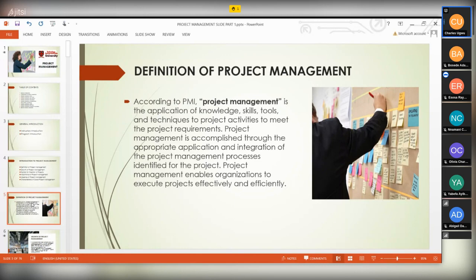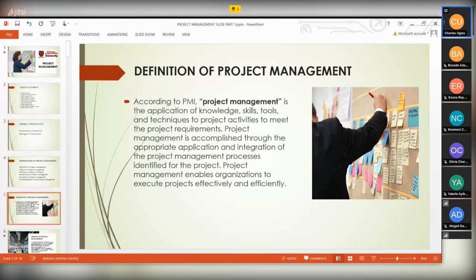According to PMI, project management is the application of knowledge, skills, tools, and techniques to project activities to meet the project requirement. Project management is accomplished through the appropriate application and integration of the project management processes identified for the project.